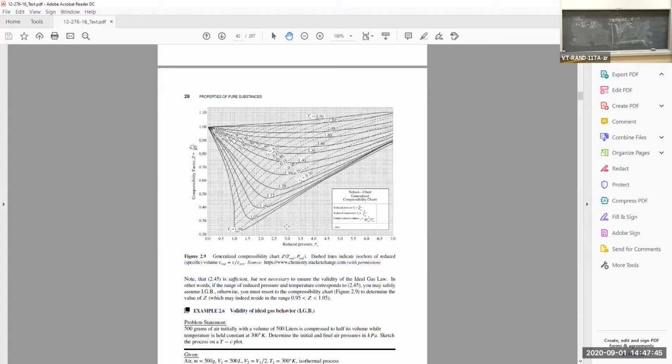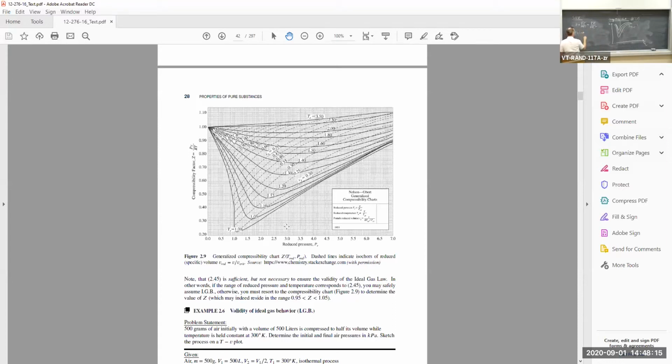Now, one thing to notice here: if Z, the compressibility factor, is approximately equal to 1, then this relationship between temperature, pressure, and mass of a gas becomes very simple.